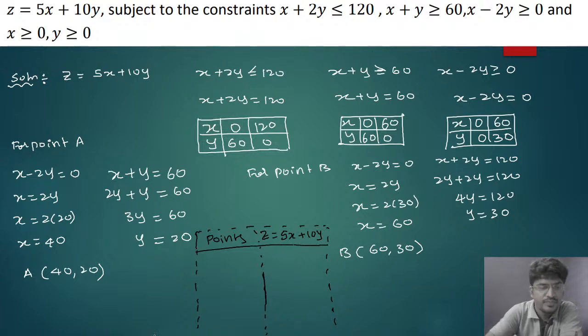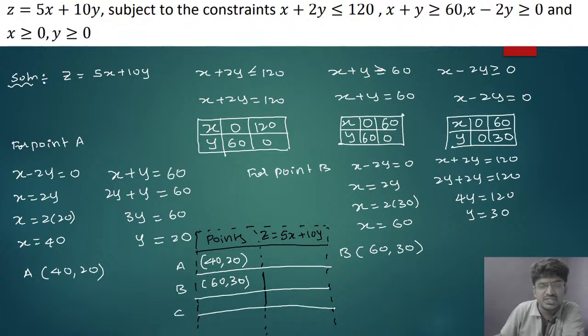Okay, so point A is 40 comma 20. Point B is 60 comma 30.